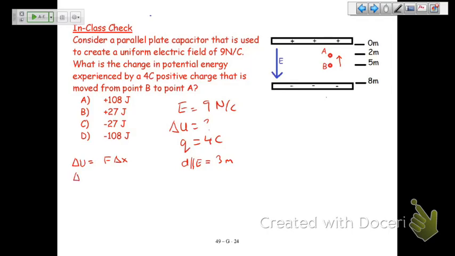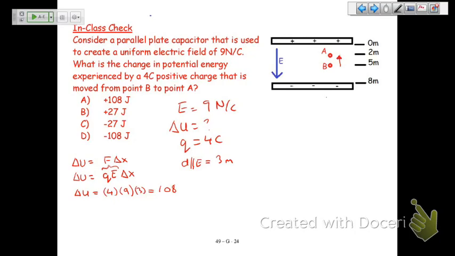And I say my delta U is equal to Q times E, because I know that that's what my F is, times delta X. So my delta U is equal to my Q, which is 4, times my E, which is 9, times my D parallel to E, which is 3, which gives me 4 9s are 36, and 3 36s is I think 108. And then I go work out the sign, and I am going uphill.